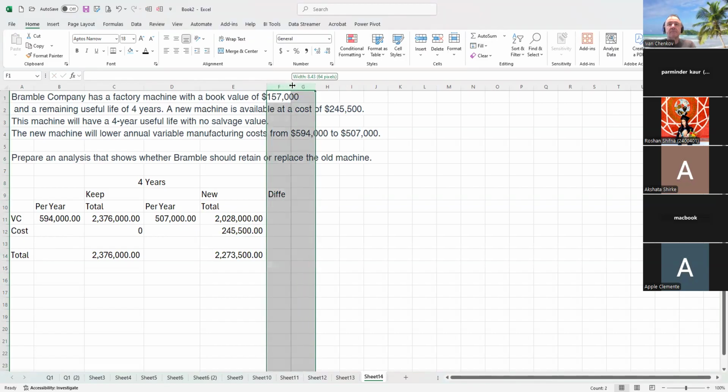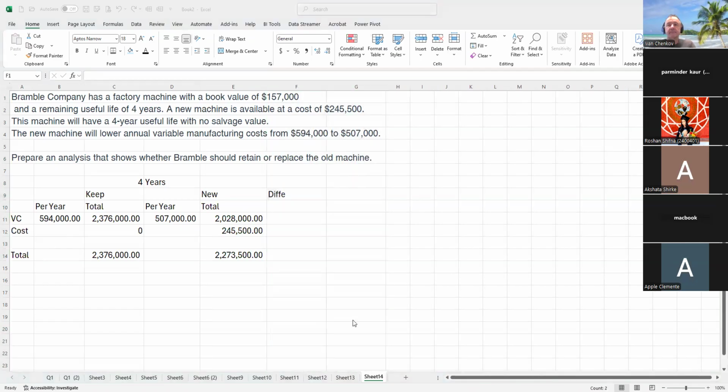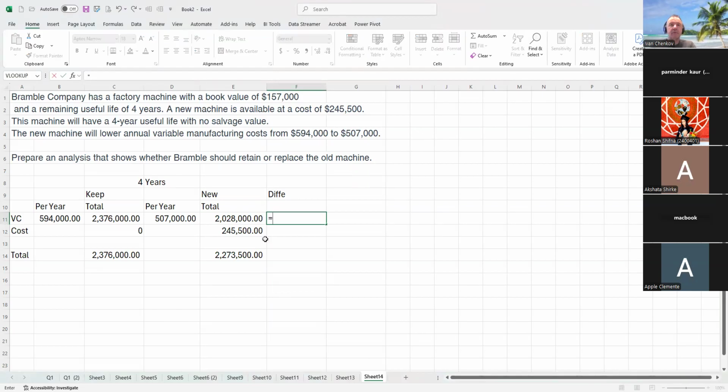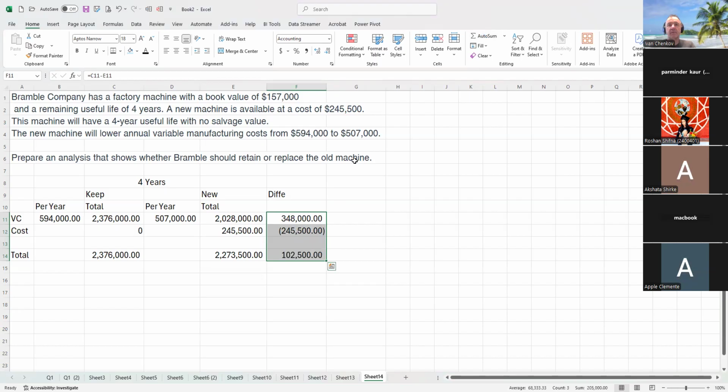Total cost is decreased. What's going to happen if I go with the new machine? Variable cost will reduce. How much am I going to save on the variable cost? 348,000 saving. Right? But I have to pay it. So in total, where am I? Saving 125.